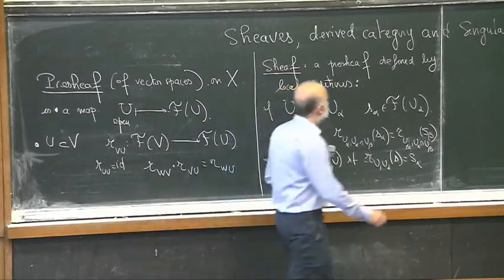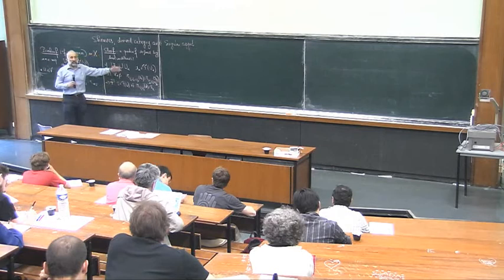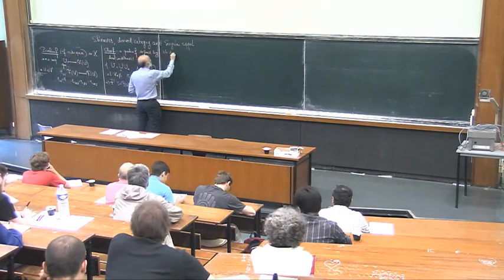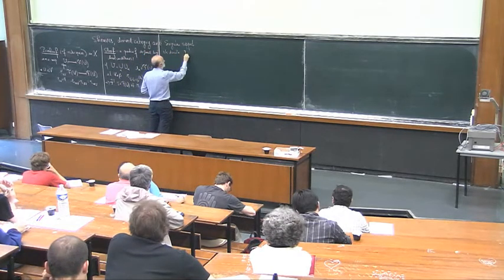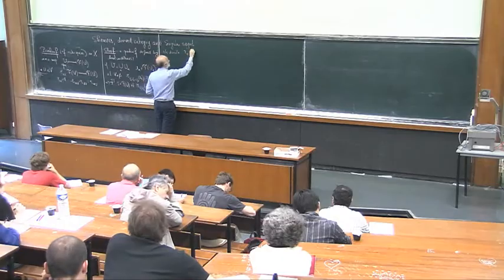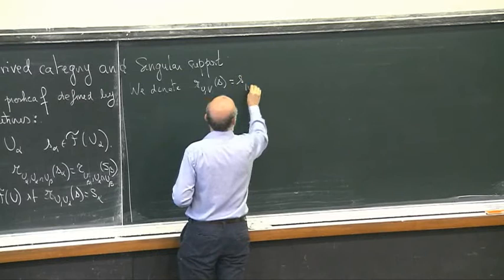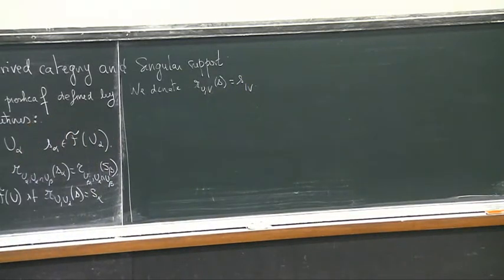Okay. And from now on, I will not use this R notation here. I will just use the restriction notation. So I just denote RUV of S as the restriction of S to V. It's going to be more convenient.